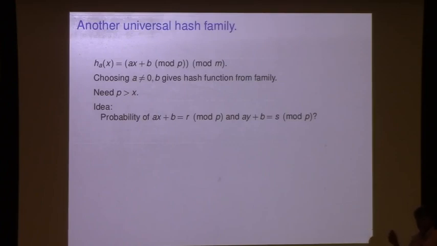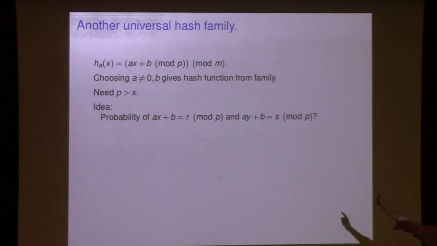So if these things are linearly independent, how many solutions are there? One solution, right? So only one of the possible pairs a and b will actually solve the set of linear equations, right? And how many pairs are there for a and b? p minus 1 times p, right? Because you can't choose 0 for a. You can choose any other number from 0 to p minus 1.